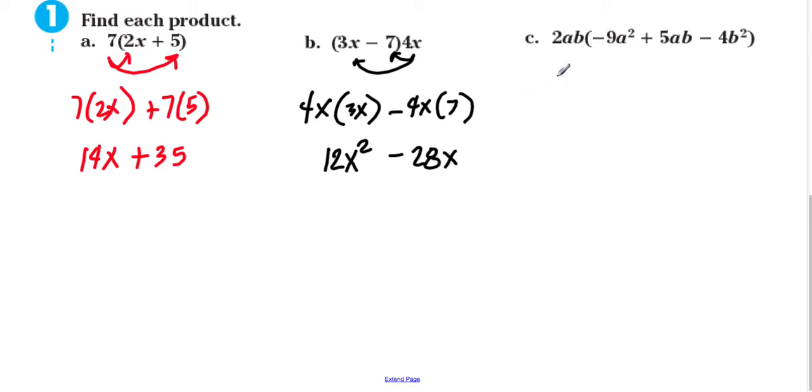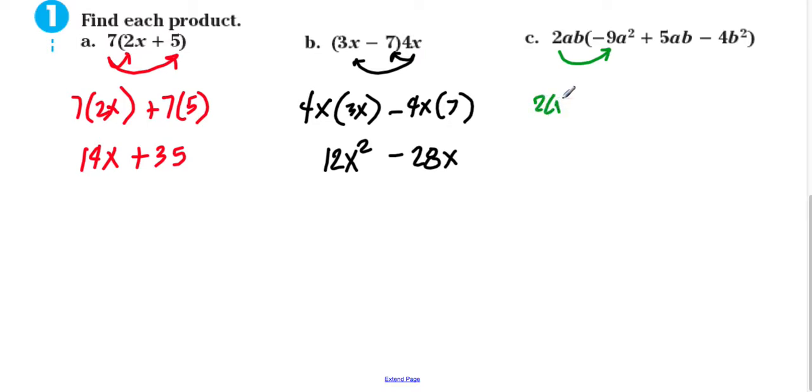And last example, we have 2ab multiplied by the trinomial negative 9a squared plus 5ab minus 4b squared. Let's use a nice green. So we get our 2ab and we multiply it with negative 9a squared.